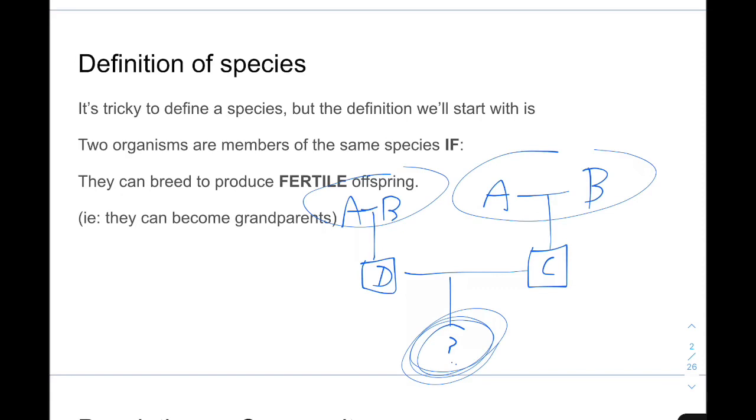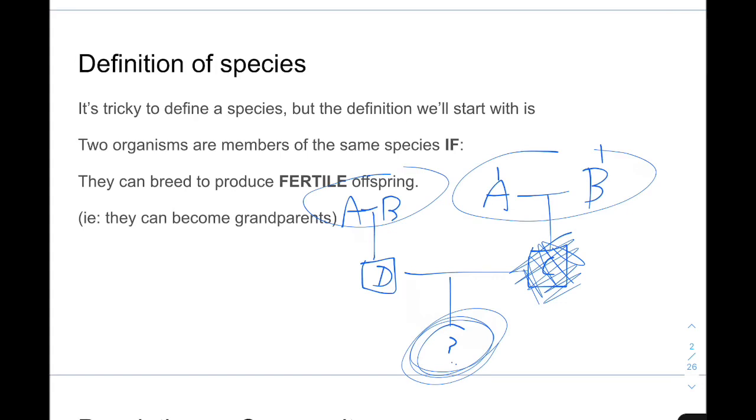Grand-mules, grand whatever. And the answer is not always obvious. In most cases, if A and B are not in the same species, then we never get here. We never get any kind of offspring. If you take a giraffe and, I don't know, a sunflower, of course there's never going to be any kind of giraffe-sunflower hybrid.